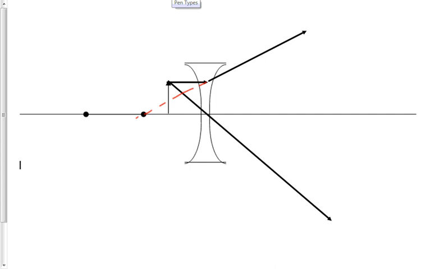Again, we don't really need to extend the second one back, but technically we should. We find that the rays, the dotted lines, intersect right there. Okay, that looks to be a bigger image than we had the last time, but it's still smaller than our object. It's still upright, and it's still, what's the third one called? Virtual, because dotted lines are intersecting. Got it?